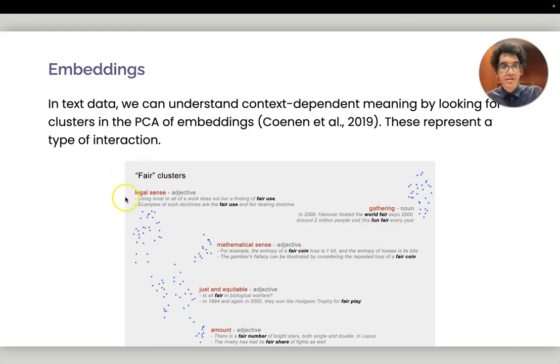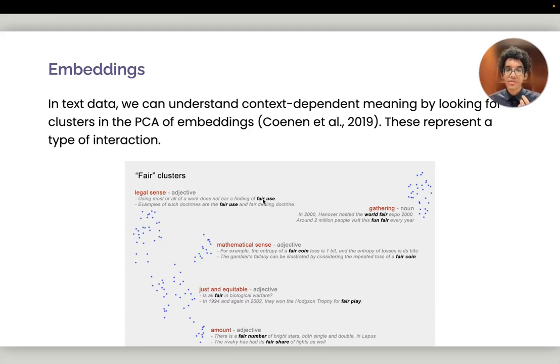So here's a really interesting example that's looking at a traditional text transformer model and analyzing the embeddings it learned. They took the word fair and looked at all the different sentences where people use the word fair, and then embedded that word in these different contexts.